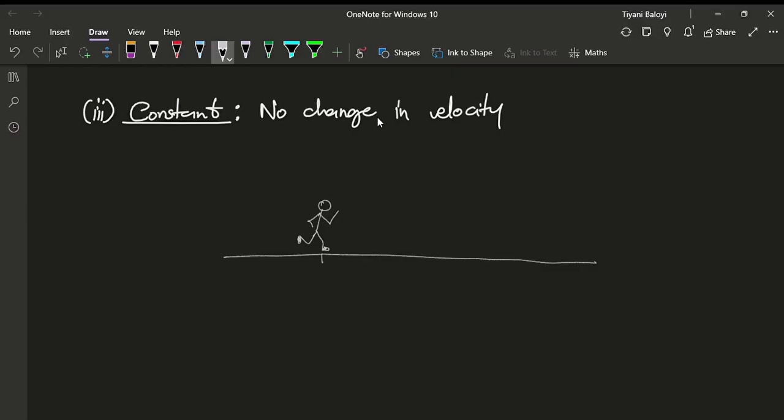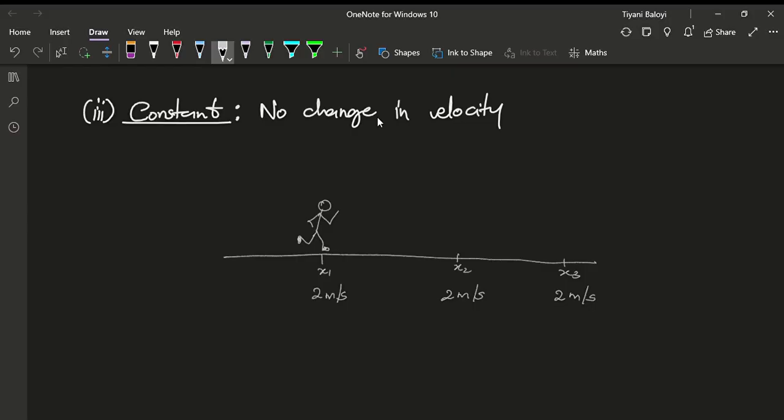This is x1, this is x2, and let's also have x3 here. You have 2 meters per second, you still have 2 meters per second, and you already have 2 meters per second. This can happen with a car in heavy traffic.